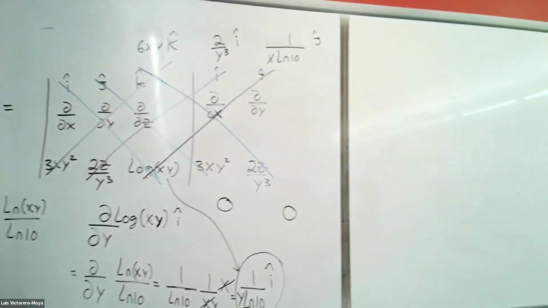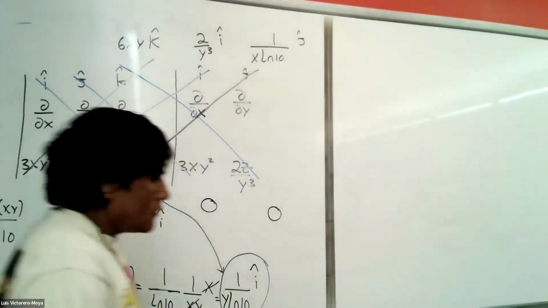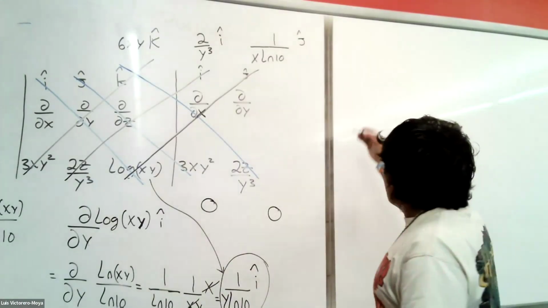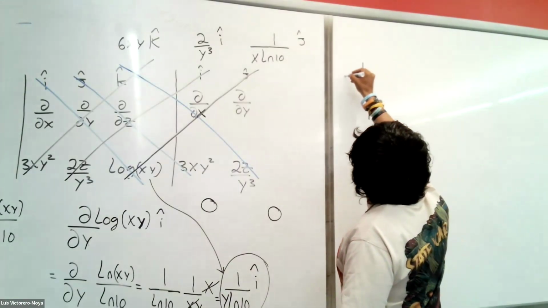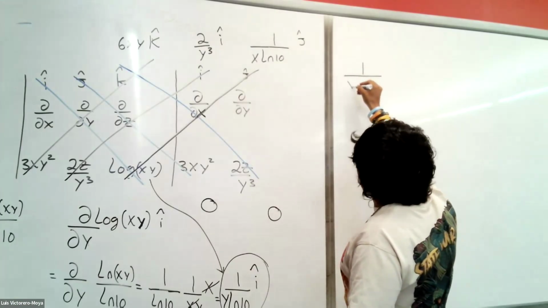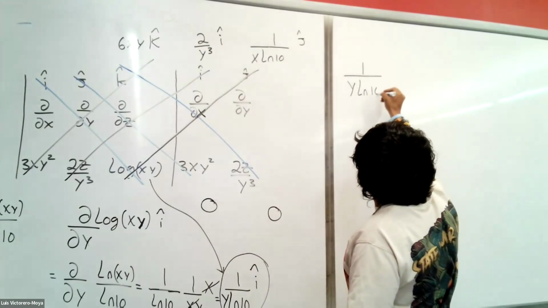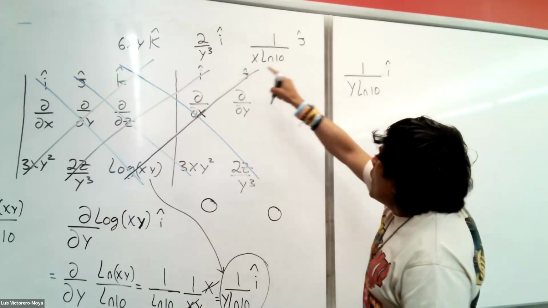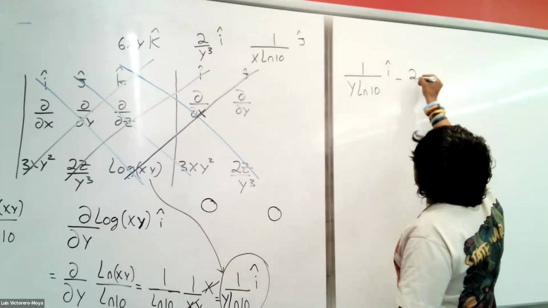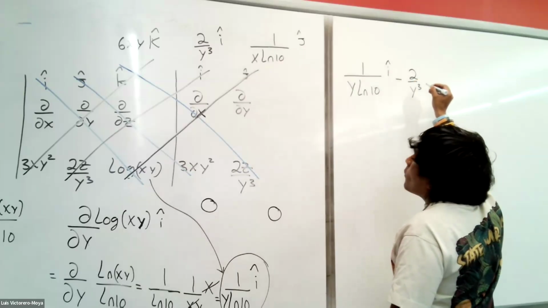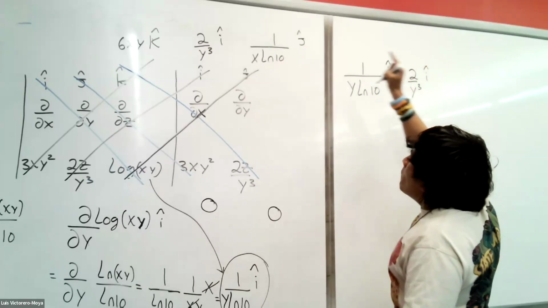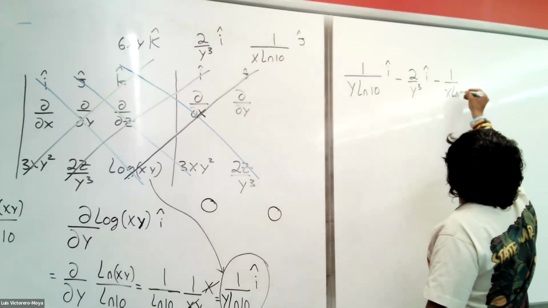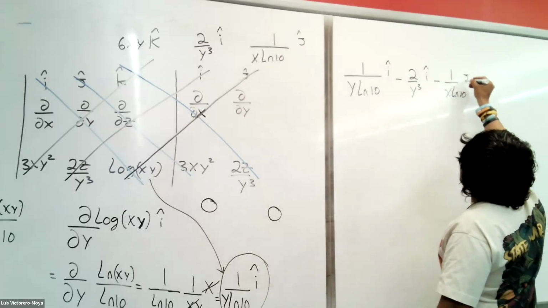Let's move this so I can show you the answer. The bottom minus the top. So 1 over y ln 10 I minus 2 over y cubed I minus 1 over x ln 10 j.